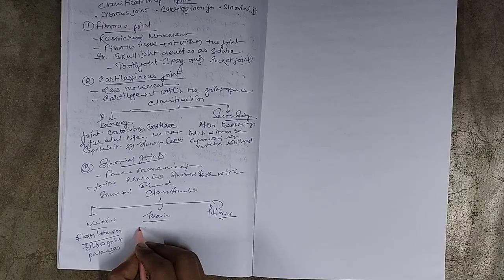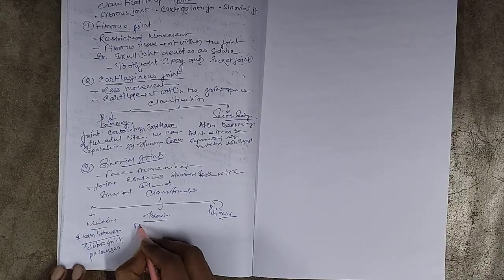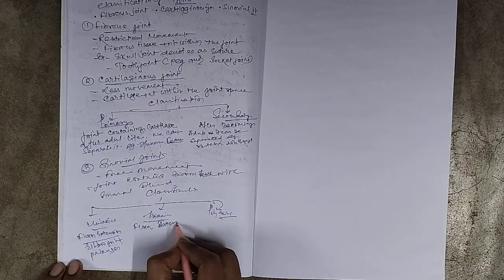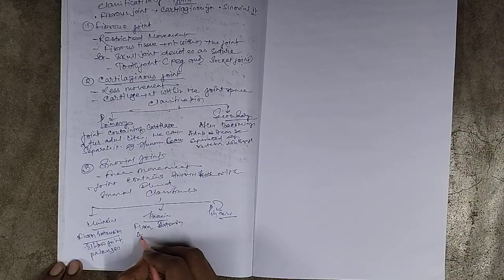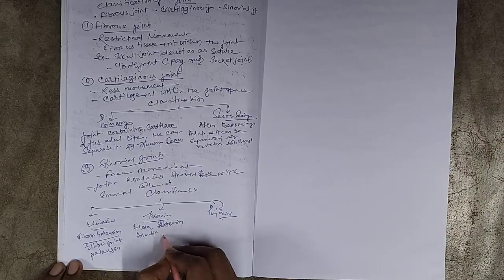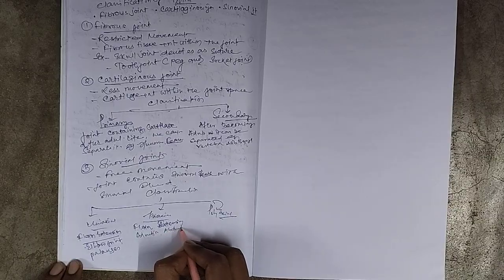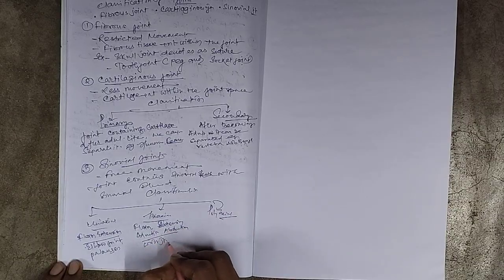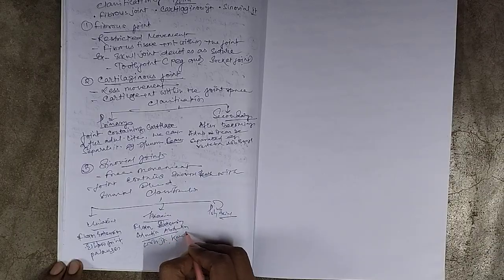In the case of biaxial, the movements are flexion, extension, adduction, abduction. Examples: wrist joint, then knee joint.